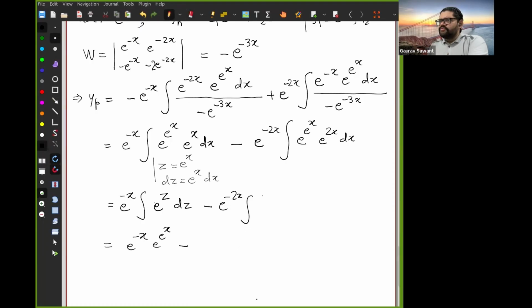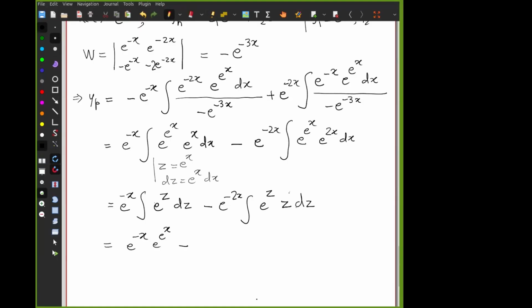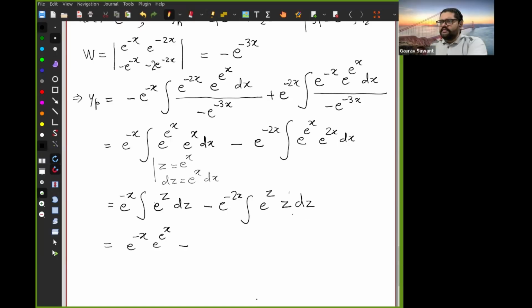Okay, e power minus 2x, e power z. Then e power 2x is z square, but one of those e power x's will be taken by dz, so z square dz, right? Now this is fine.